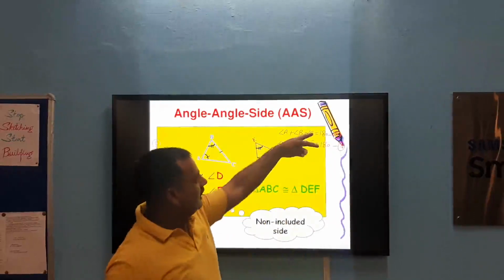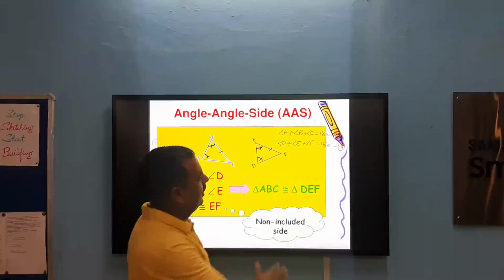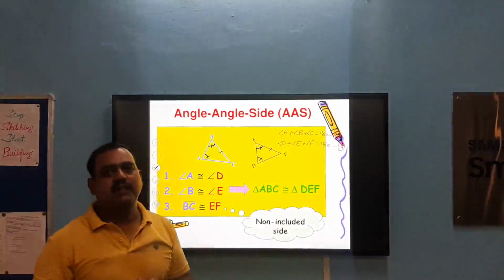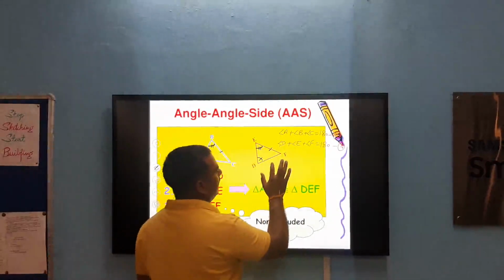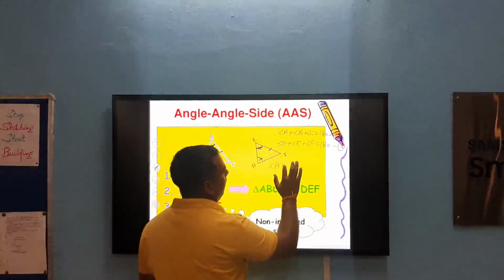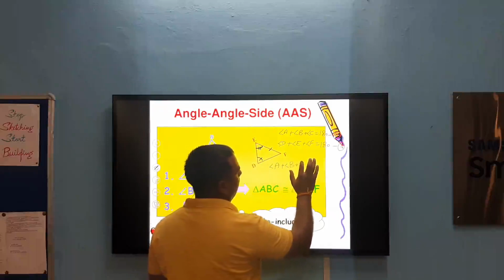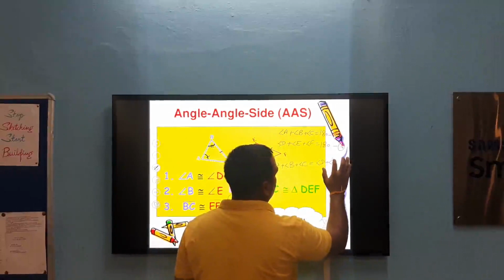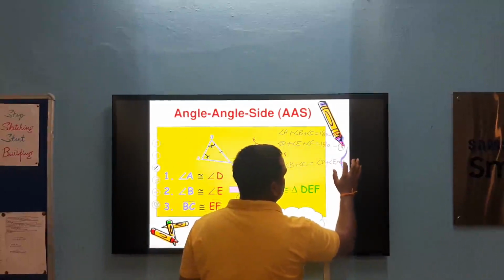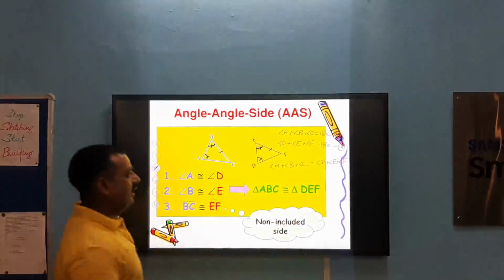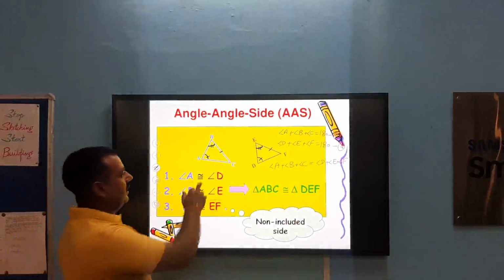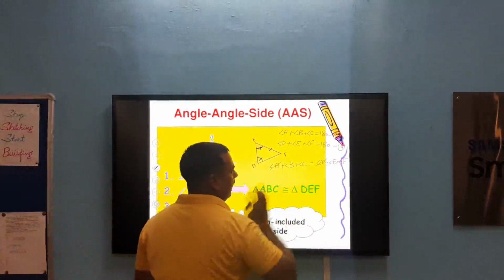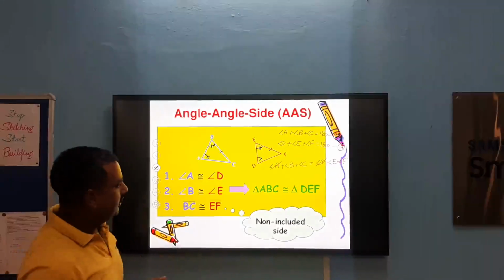In these two equations, equation number 1 and equation number 2, the right sides of the equations are equal, so the left sides of the equations are also equal. So we can say that angle A plus angle B plus angle C is always equal to angle D plus angle E plus angle F. Now from the given part, we know that angle A is equal to angle D. So we eliminate angle A and angle D from both sides.